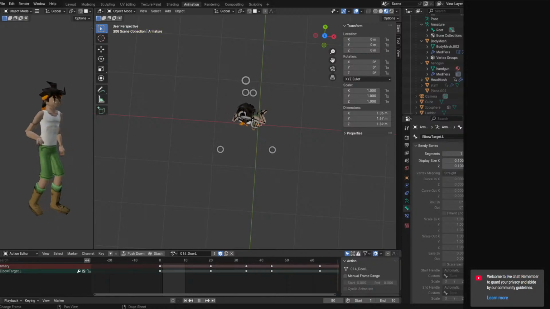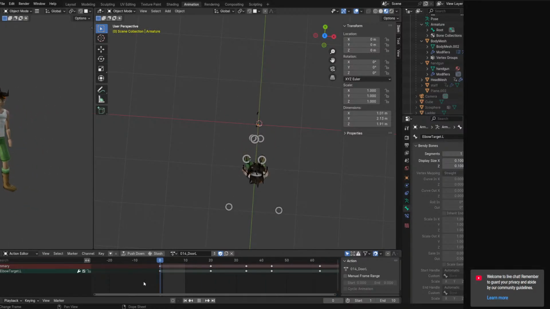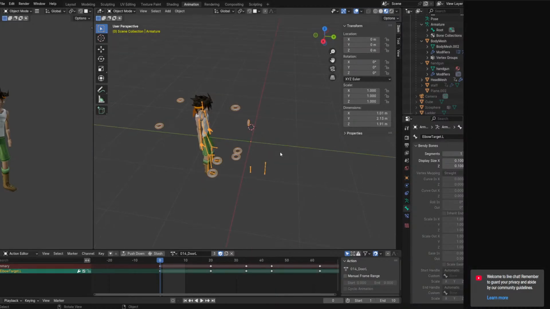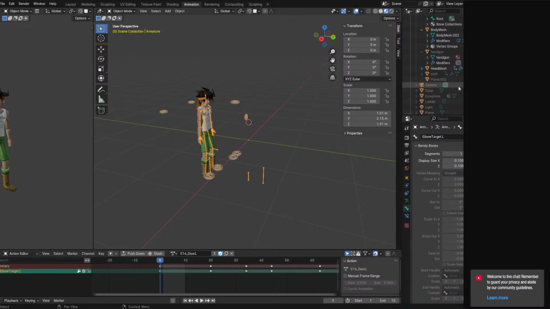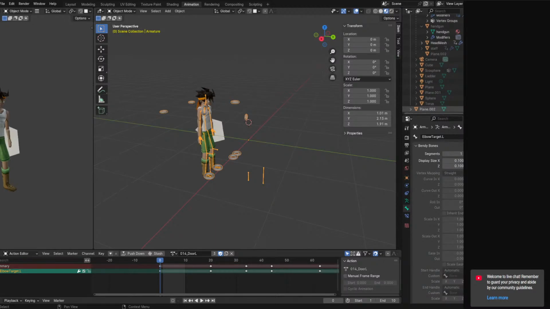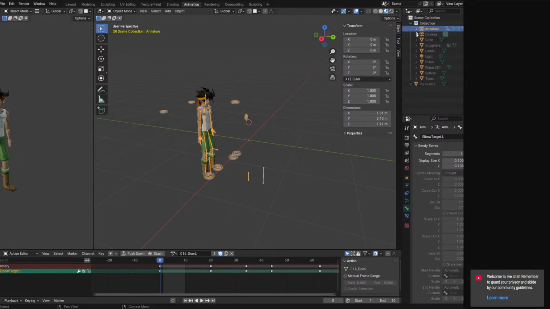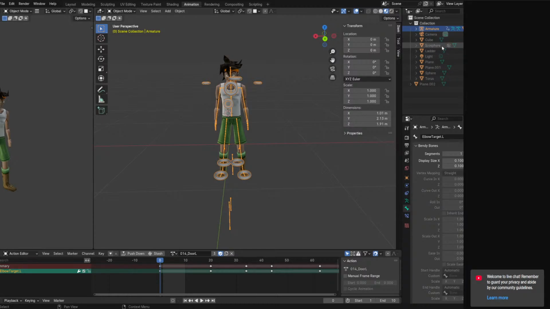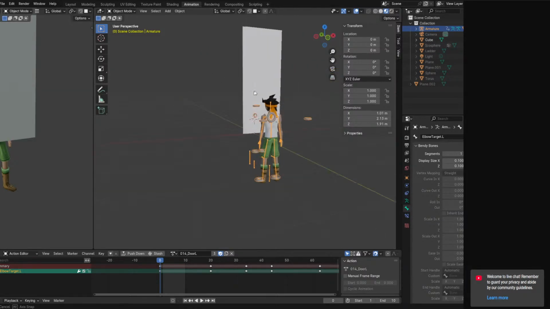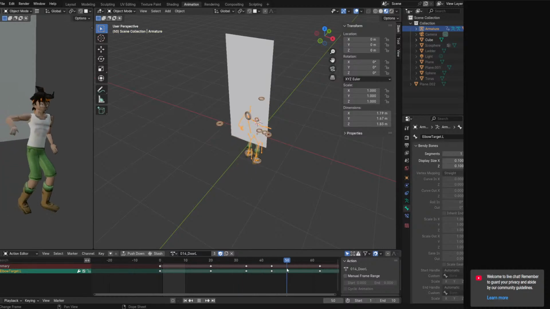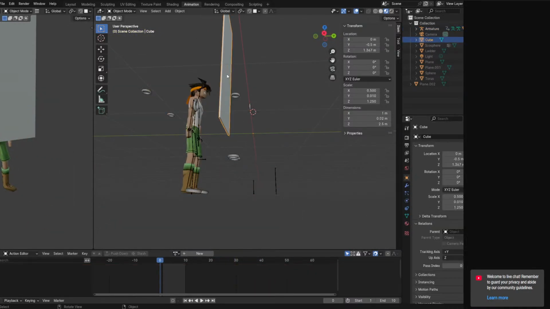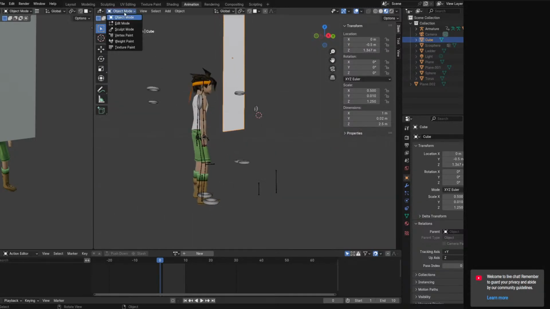I think I want to make it so that he pulls the door and then enters through. I don't need to, but it would be easier if I had a mesh that represented the door. Oh, yeah, like this one. The only thing is it's in the wrong position.